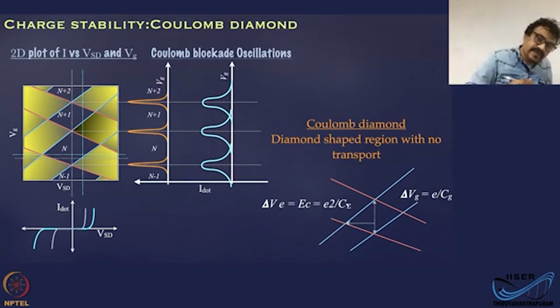Similarly, if you take slices along the x direction, along the bias voltage direction in this plot, then for a given gate voltage, you are going to get a blockade region in the middle, and the current will turn on when you overcome the charging energy.